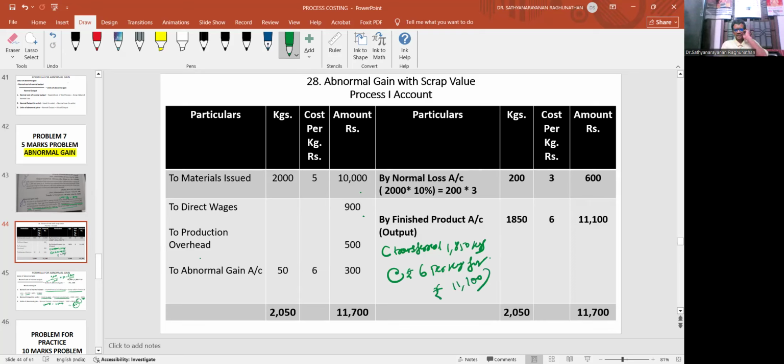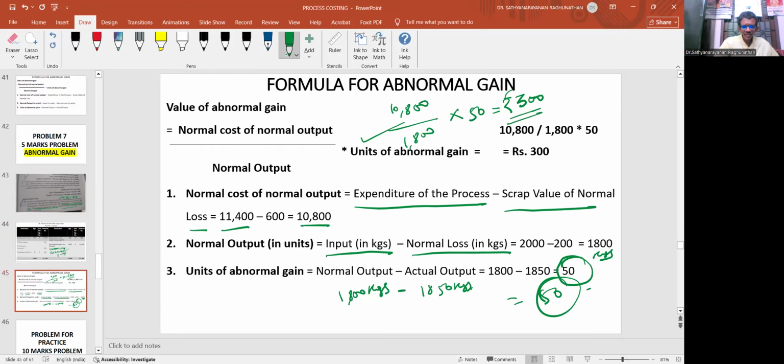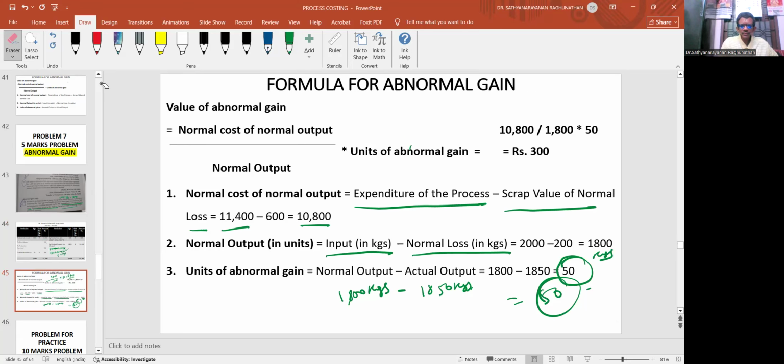Okay. Like that you have to write it within the brackets. Take a screenshot of this.